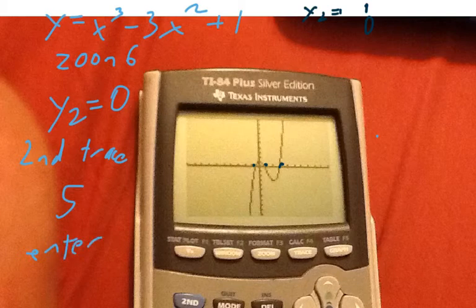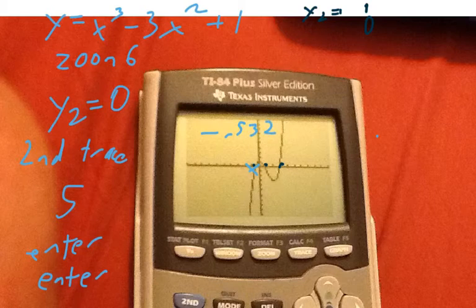So I'm going to write down enter, enter, and then after you hit enter twice, it's going to say guess. So what you want to do is move over to the first one so that you can guess that one, and that one turns out to be about negative 0.532.